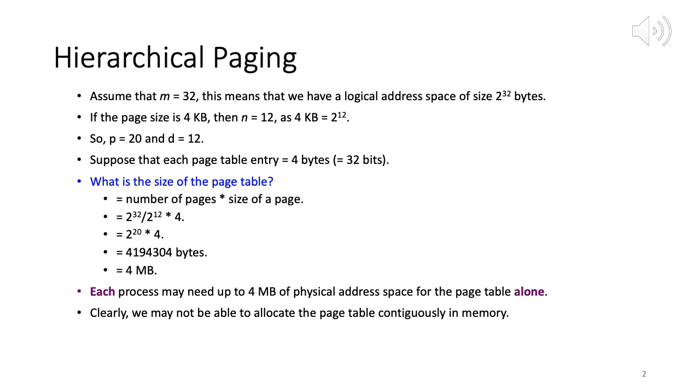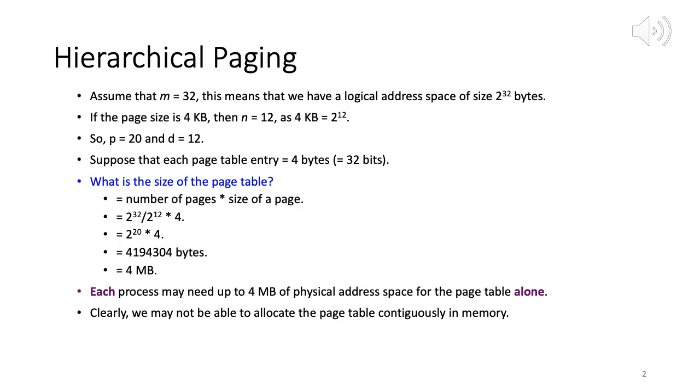Now what is the size of the page table, meaning how much memory is needed to store it? Obviously, the number of entries times the size of each entry, 4 bytes. How many entries do we have? 2 raised to 32 divided by 2 raised to 12, because we take an address space of 2 raised to 32 bytes and divide it into pages of 2 raised to 12. So how many pages will we have?